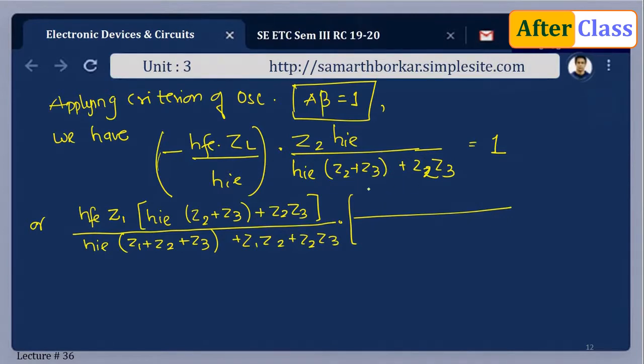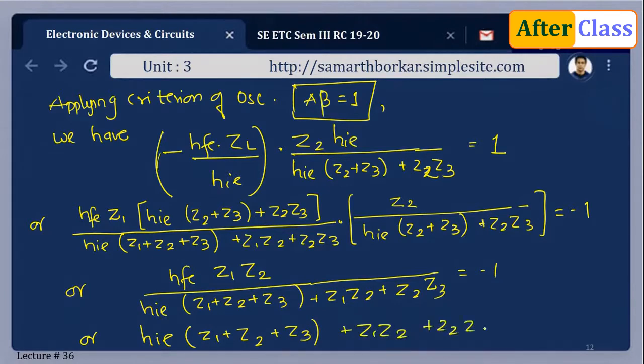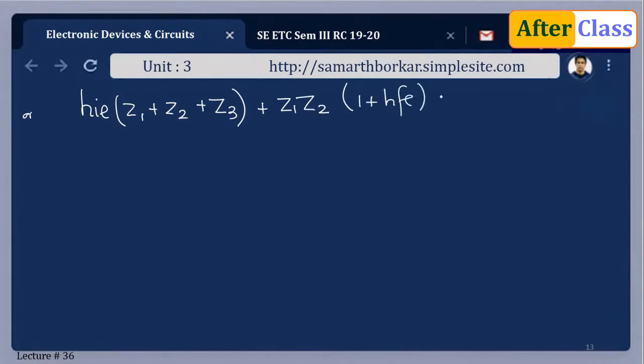This is carried forward as it is, plus Z1 Z2 plus Z2 Z3 equals minus 1, or hIE Z1 Z2 plus Z3 plus Z1 Z2 plus Z2 Z3 equals minus hFE Z1 Z2, which can be further simplified and written as hIE into (Z1 plus Z2 plus Z3) plus Z1 Z2 (1 plus hFE) plus Z2 Z3 equals 0.